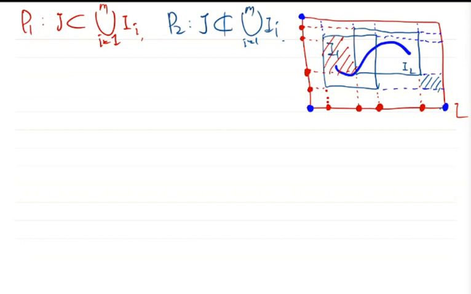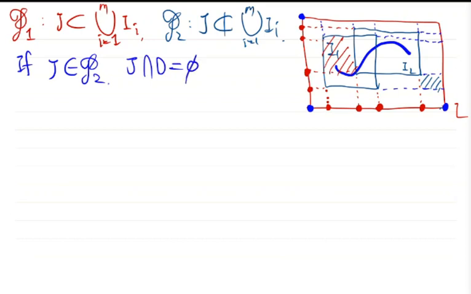Now, maybe we consider the second class first. If J belongs to the second class, then the intersection of J and D is empty.